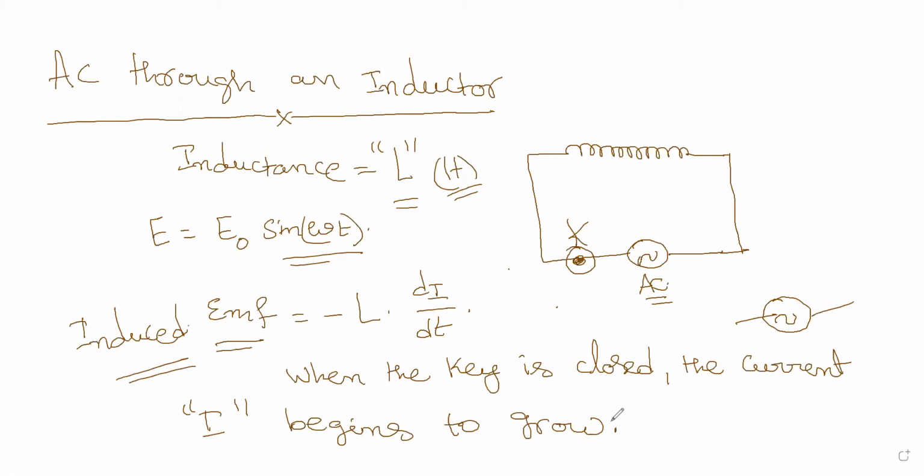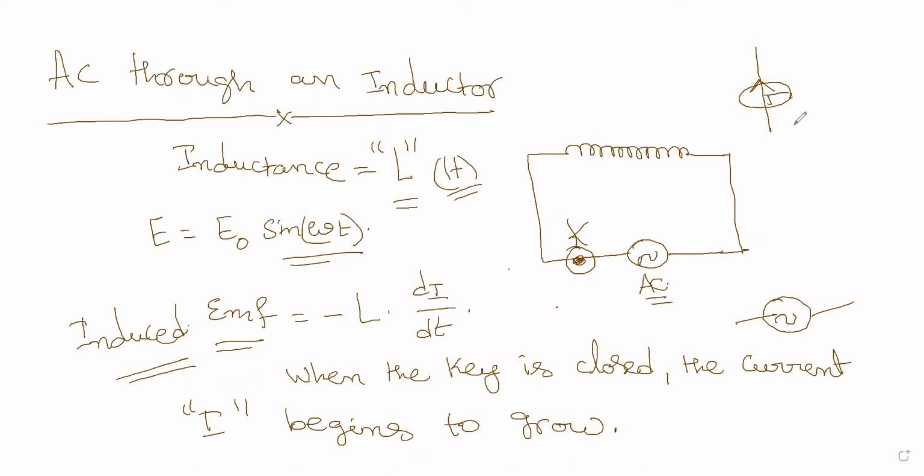Now, as we read in moving charges and magnetism, if there is a wire and current flows through it, a magnetic field is generated about this conductor radially.